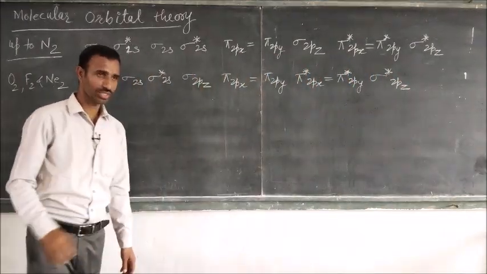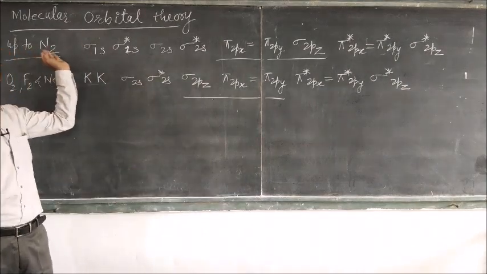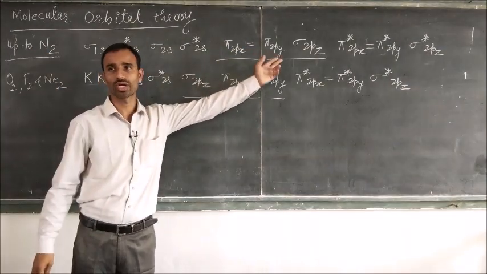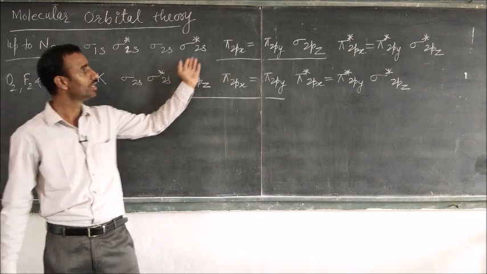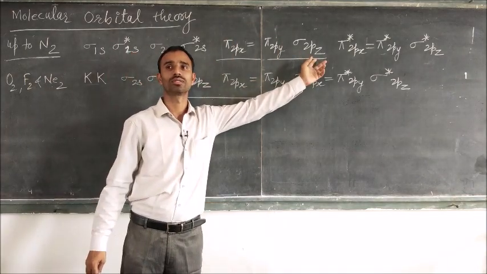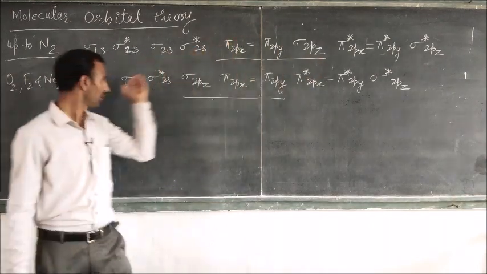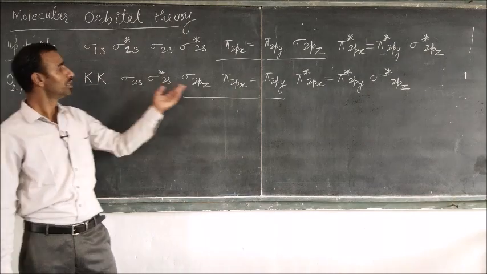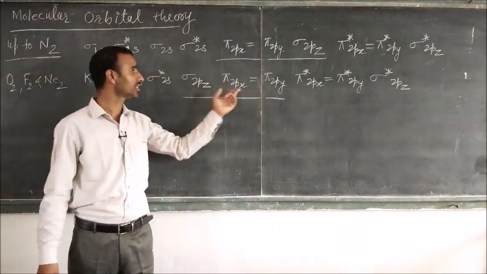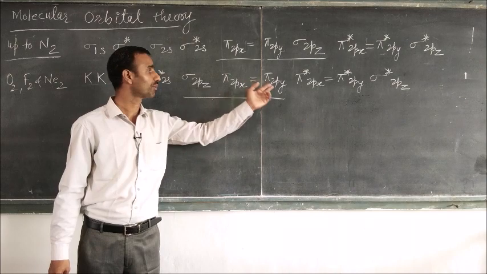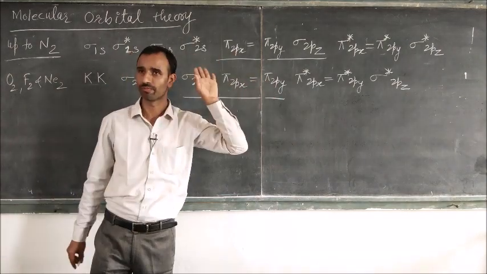Now the question arises, why up to nitrogen are pi 2px and pi 2py of lower energy than sigma 2pz, while for O2, F2 and Ne2, sigma 2pz is of lower energy than pi 2px and pi 2py? The rest is the same.